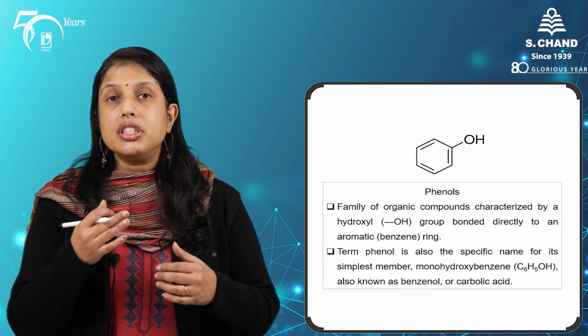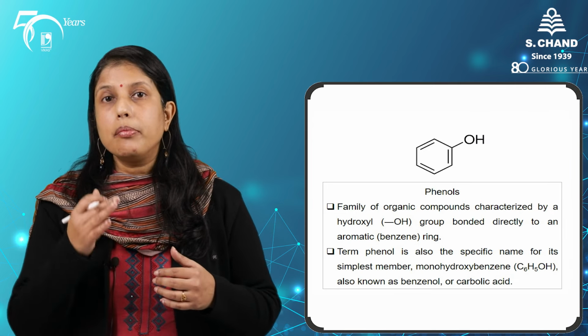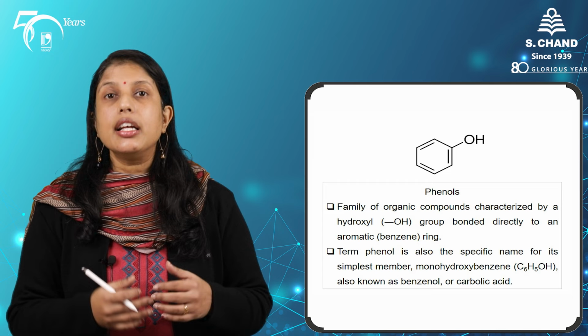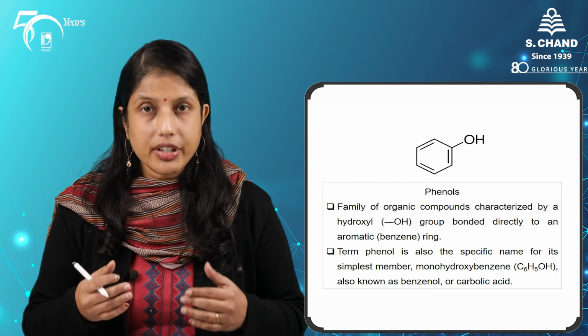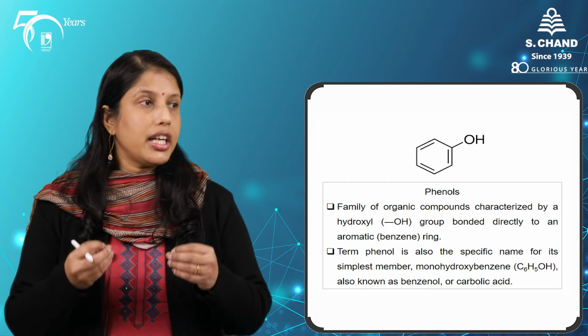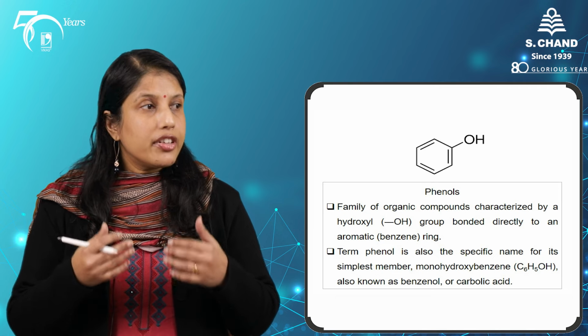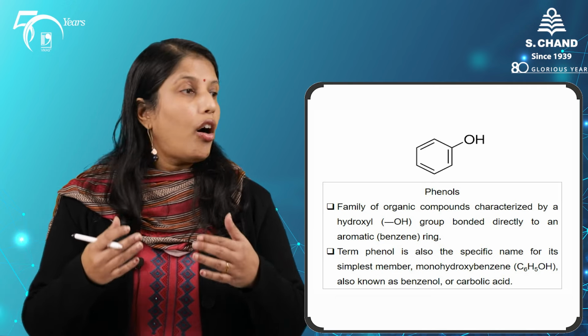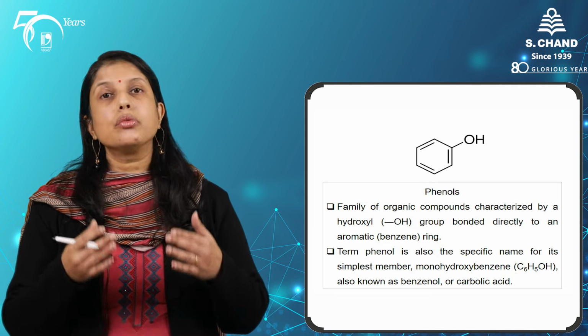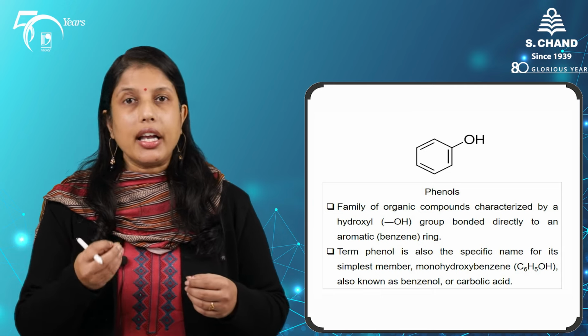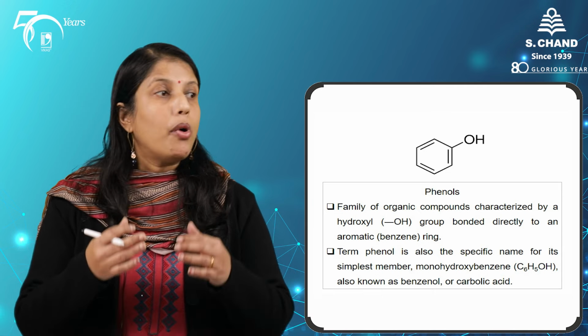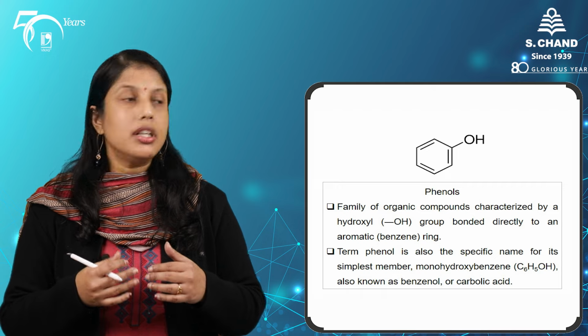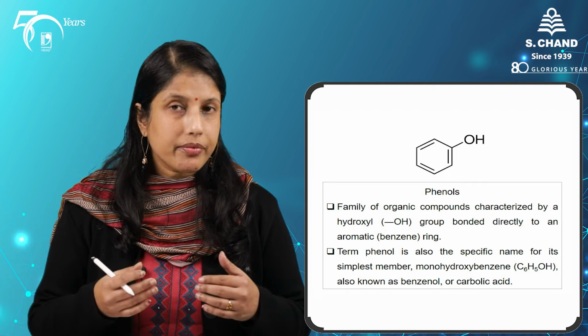Similarly, compounds which contain a hydroxyl group attached to a carbon that is part of a benzene ring are known as phenols. So in general, phenols refers to a family of organic compounds characterized by a hydroxyl group bonded directly to the carbon of a benzene ring.